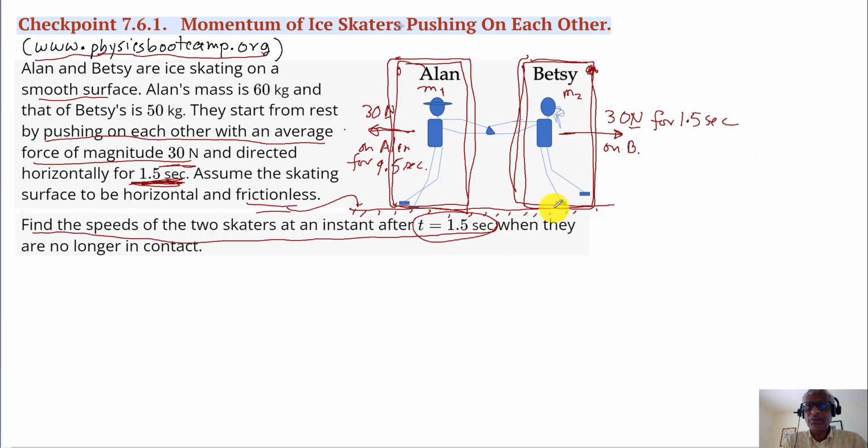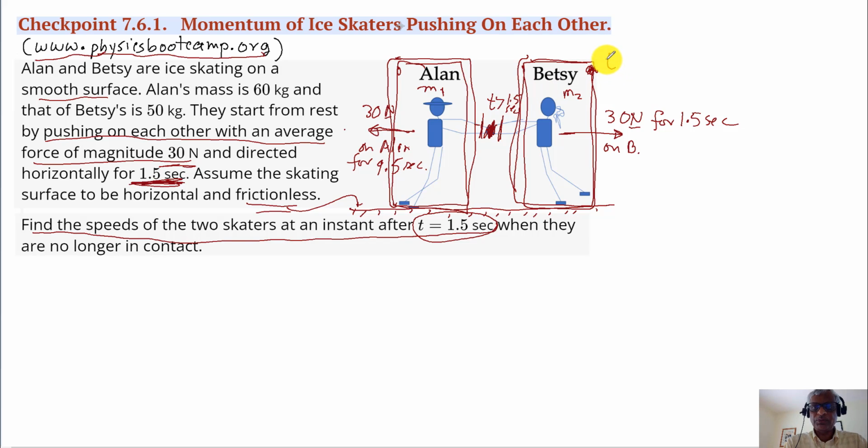It's like at the end of this force, they're not touching anymore. They're separated and they're moving away from each other. At t greater than 1.5 seconds, no longer pushing, right?